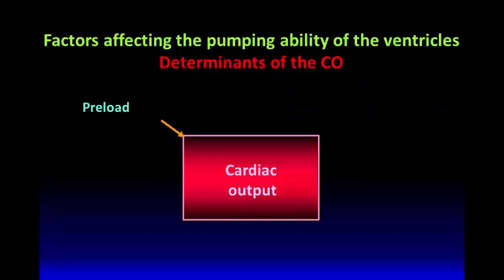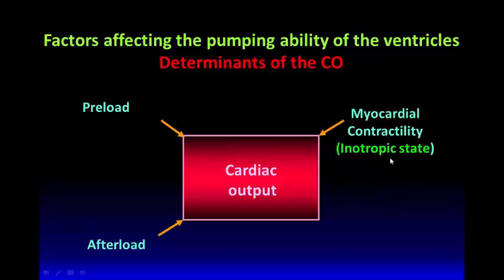The factors which determine the stroke volume are the preload, the afterload, and the state of myocardial contractility, the inotropic state, and also the heart rate, as we have just described in the frequency-force relationship. So now let's define these three factors first, and then describe how they influence stroke volume and the cardiac output.